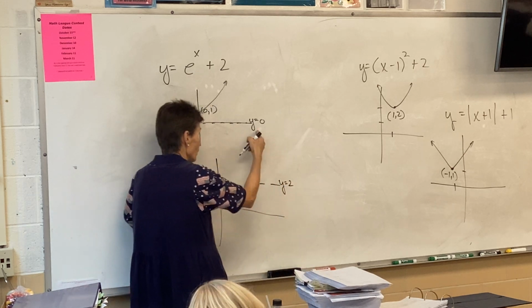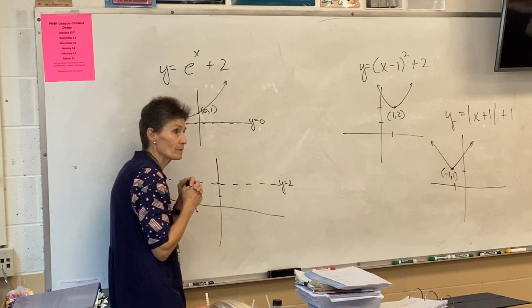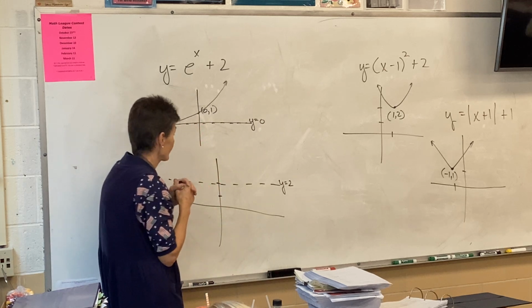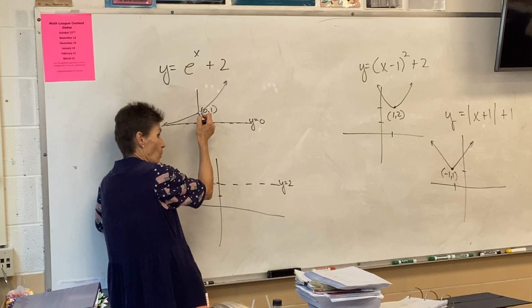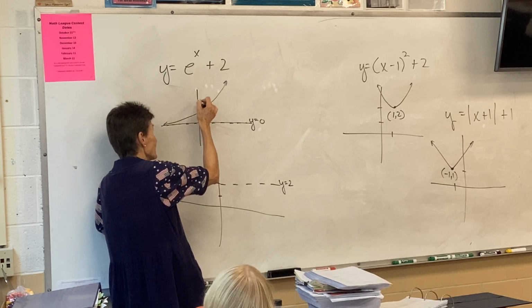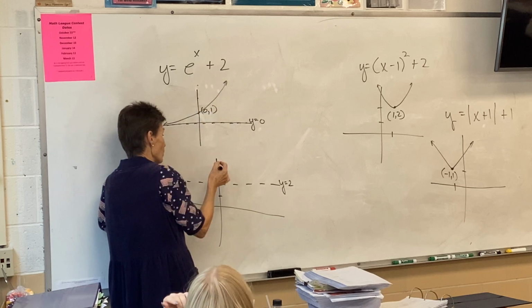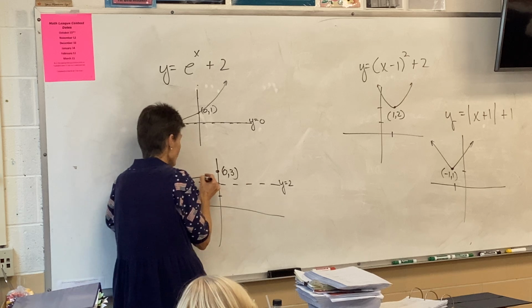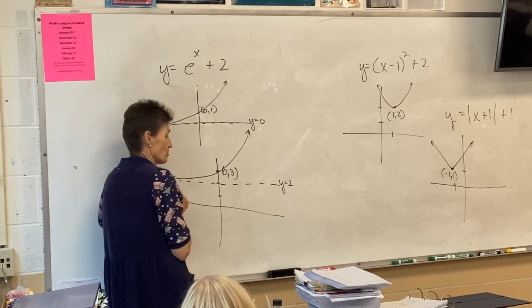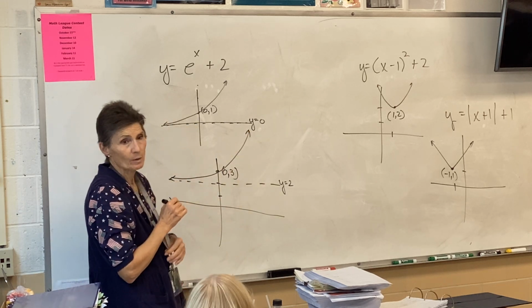It was at 0 originally, it's going up two. Now this dot is supposed to be at 0, 1, but I'm taking it up two, so where's it gonna be? 0, 3. And then I'm just drawing my shape. My shape doesn't change, only its location.